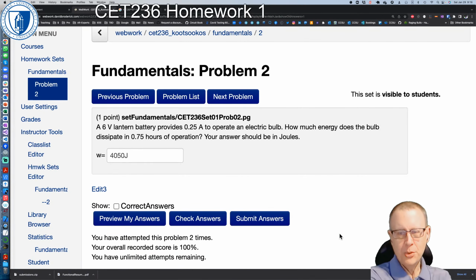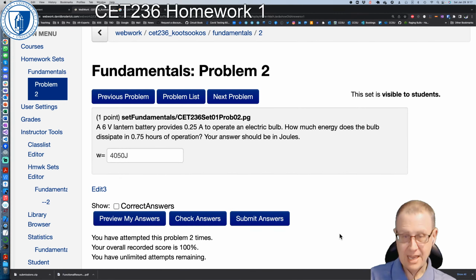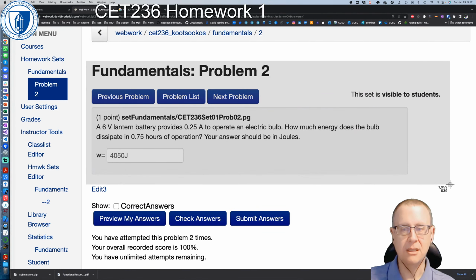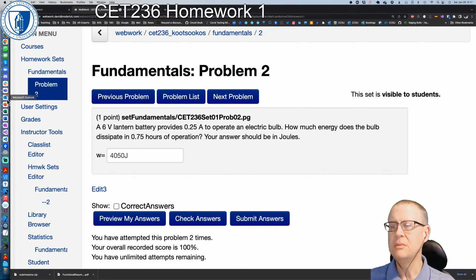Right, here's problem 2. A 6-volt battery provides 1/4 of an amp to operate an electric bulb. How much energy does the bulb dissipate in 3/4 of an hour of operation? Your answer should be in joules. Okay. So again, this sort of problem is mostly a unit conversion problem.